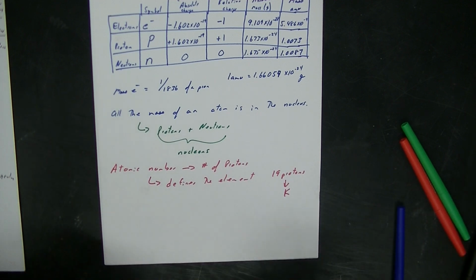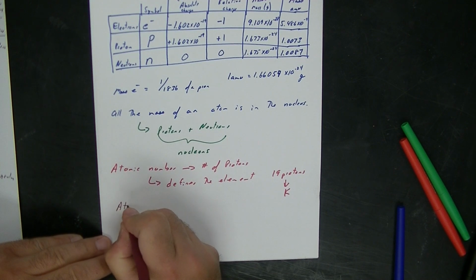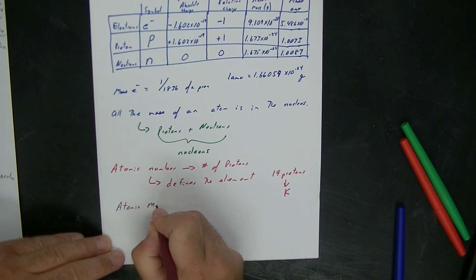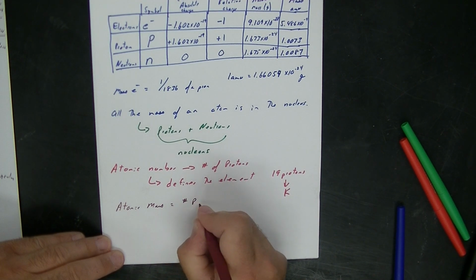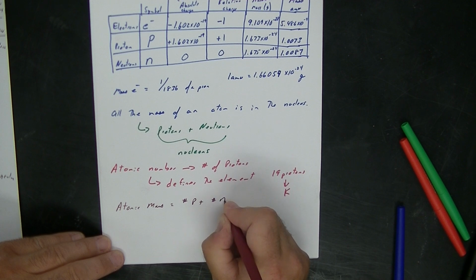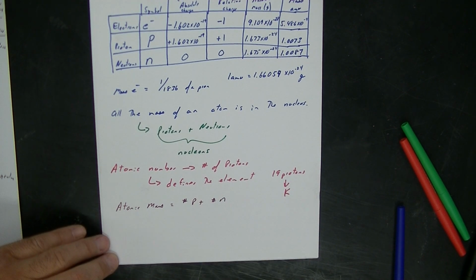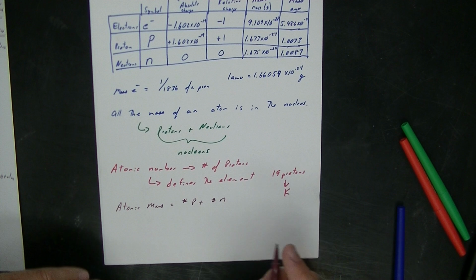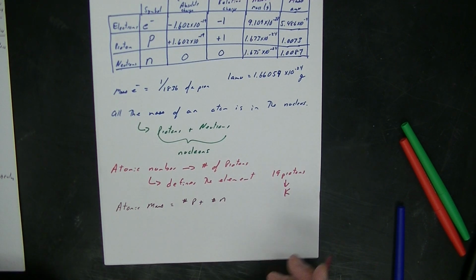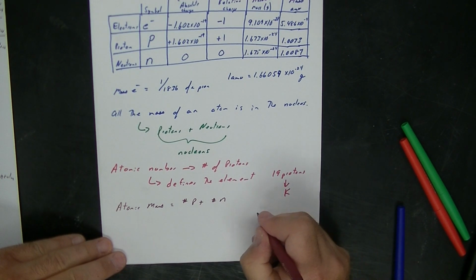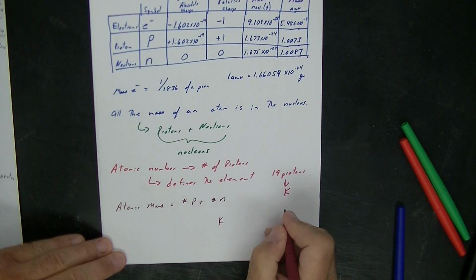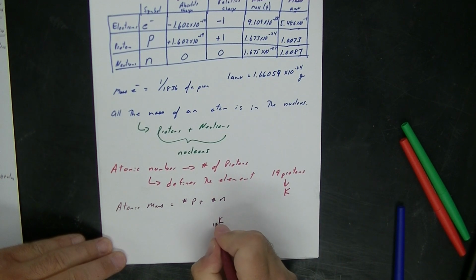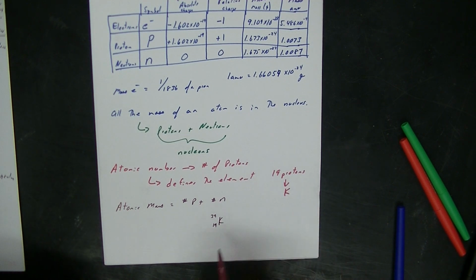The atomic mass, to calculate that atomic mass, it's the number of protons plus the number of neutrons in the nucleus. Okay. So if we were to look at potassium, it has an atomic number of 19 and a mass of 39. Okay.